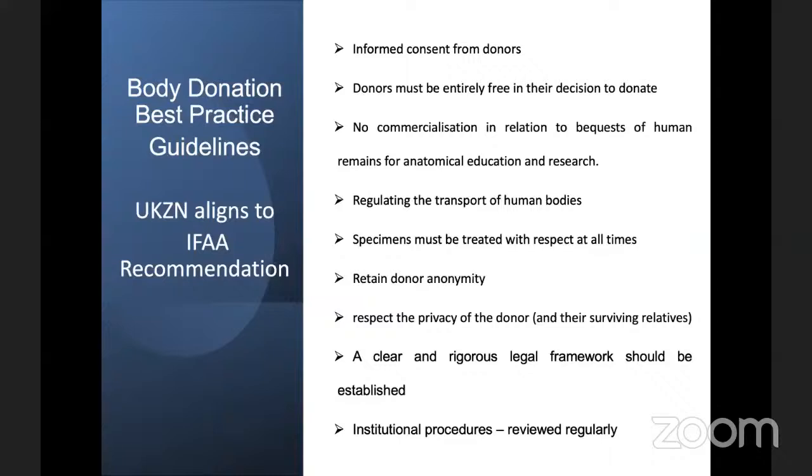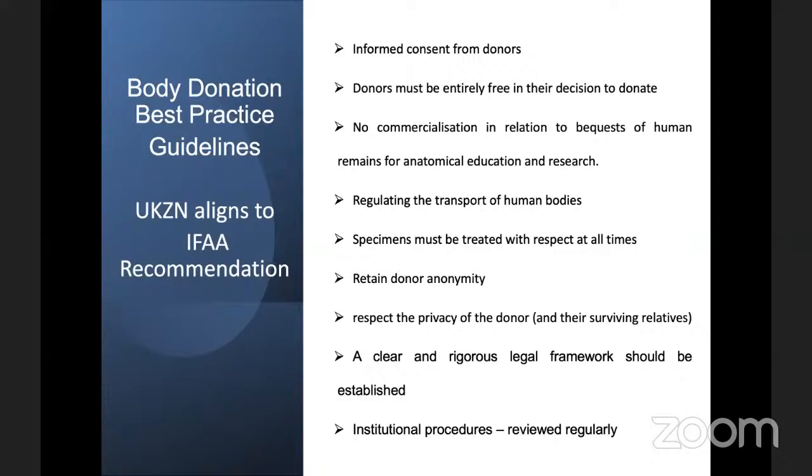Now, in order for UKZN and donors to be legally protected, we have a very simple and transparent process that includes the donor filling out the purpose for donation, that is, is it for teaching, research, or both? When and if cremated remains should be returned to the donor, as well as informing them of the time frame for the use of the cadaver.